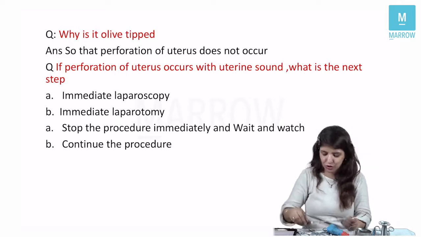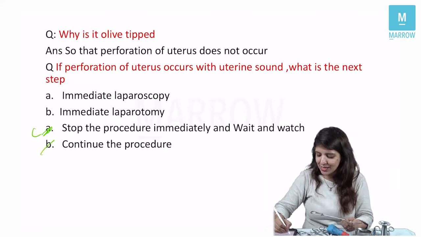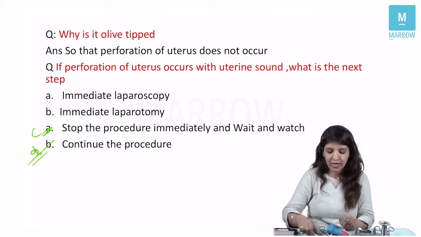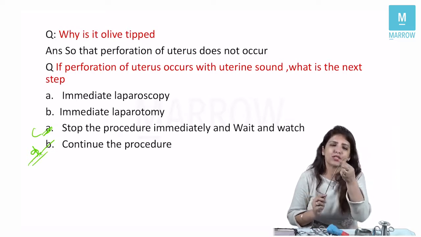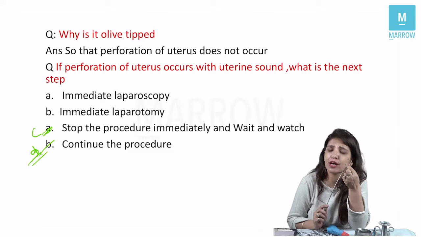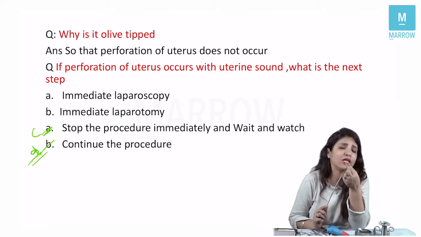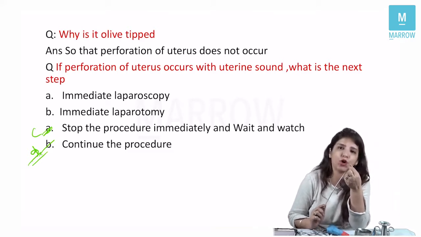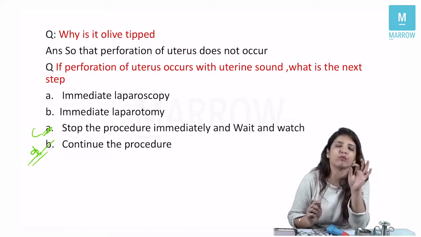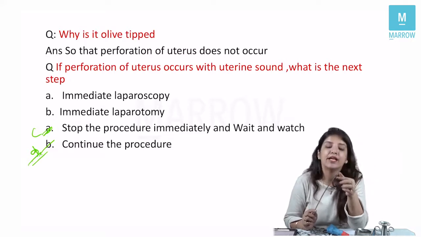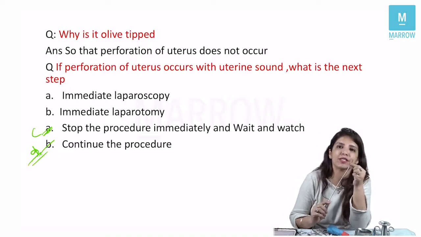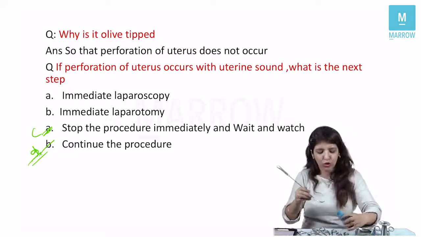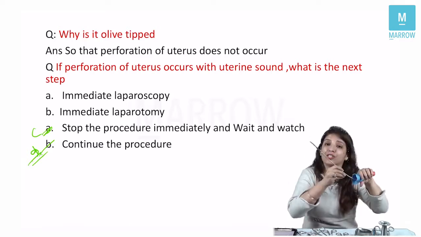Option D, continue the procedure. It is not A or B, it's C. If perforation happens with an instrument as narrow as a uterine sound, you don't need to do a laparotomy or laparoscopy, just stop the procedure and wait and watch. You have to look at the vitals of the patient, right? This is why before putting any other instrument, we put a uterine sound, because it is very narrow, so it can also act as the first dilator, right?